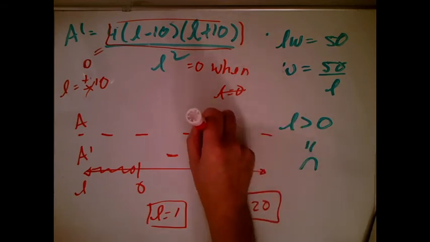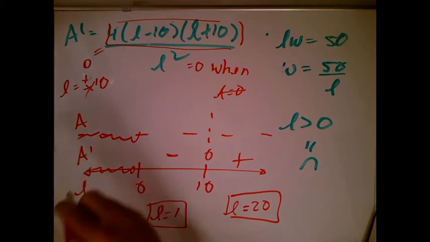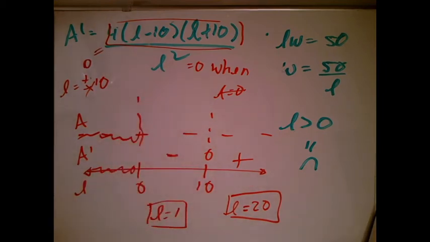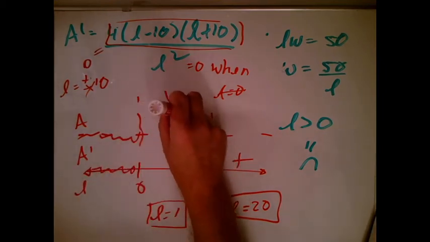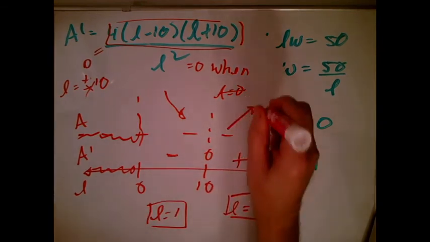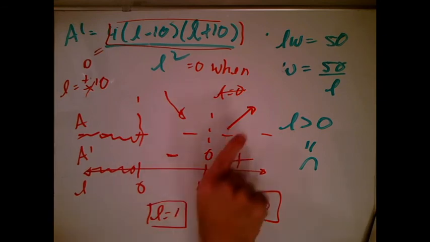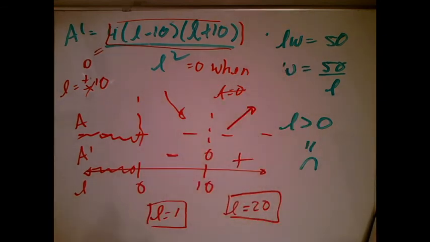Now, how does this sign chart work? Let's see here. Don't have to worry about anything out here. When the derivative is negative, the function is decreasing. When the derivative is positive, the function is increasing. And so what we can see, because there's only one critical point, this isn't doing any more wiggling. It always comes down to this point. It always goes up to this point. We can see that the function A has a global minimum when L equals 10.